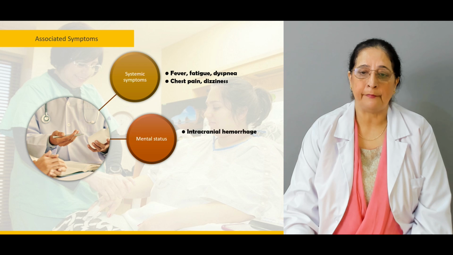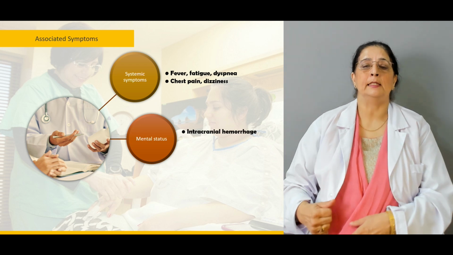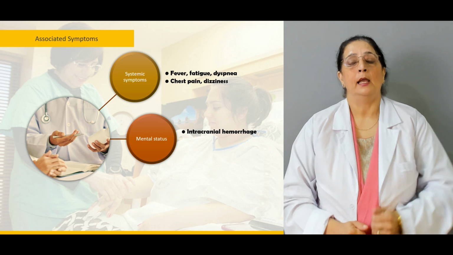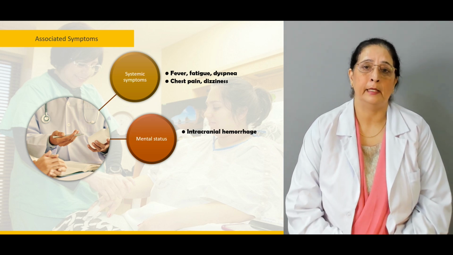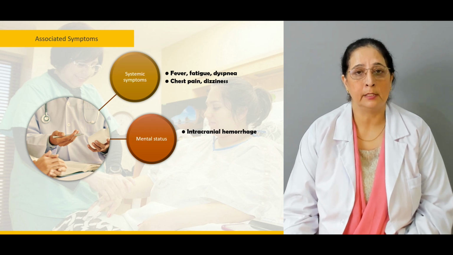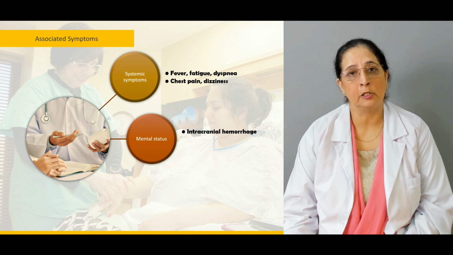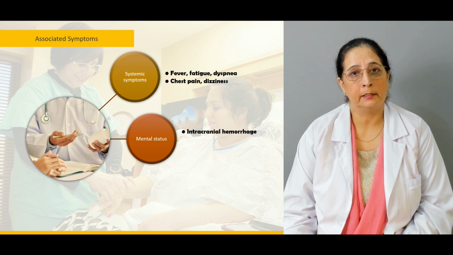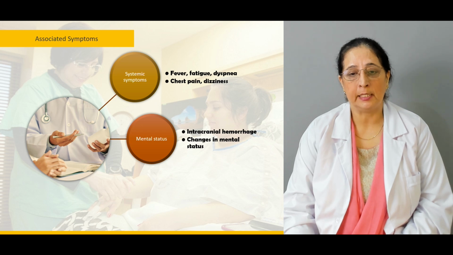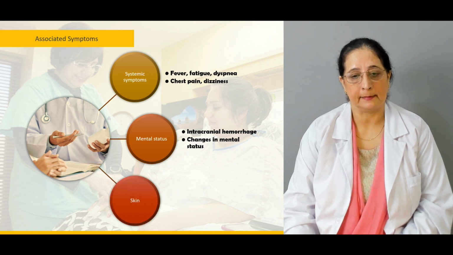Mental status, effect on the mental status is due to intracranial hemorrhage that occurs, and then maybe due to trauma or maybe due to some internal bleeding as a result of disordered or decreased platelet count. Changes in the mental status.